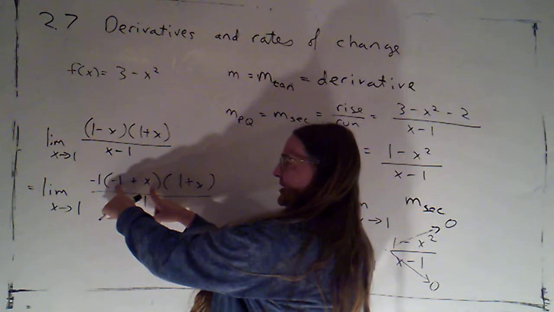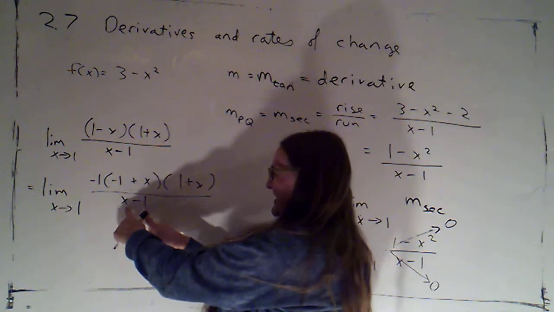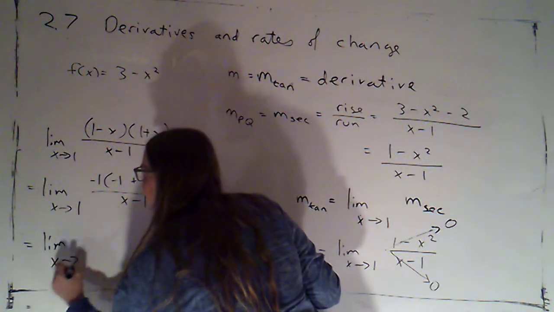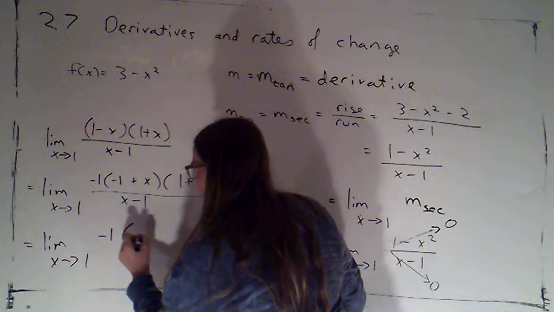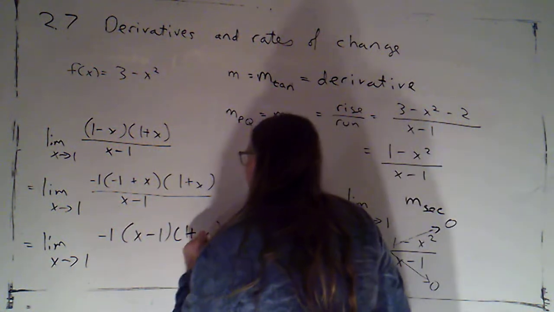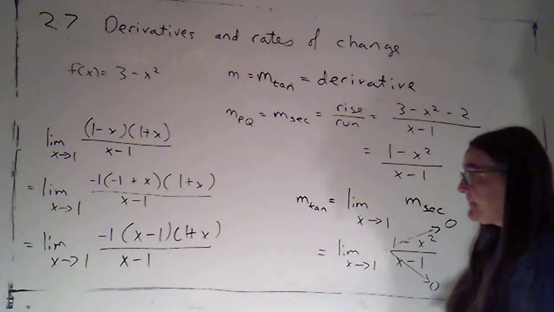Now this factor here, this negative 1 plus x, that's the same as x minus 1, because the x is positive and the 1 is negative. So this is the limit as x goes to 1 of negative 1. I'm just going to rewrite it so that it looks more familiar. x minus 1 times 1 plus x over x minus 1.